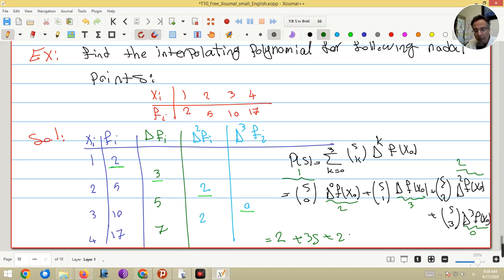So it will be 2 times s times s minus 1 over 2 factorial, and if you simplify, 2 factorial with 2 will cancel, and finally you get s squared minus s plus 3s, which is s squared plus 2s plus 2. This is the polynomial with s as a variable, but we want the polynomial with x as a variable.